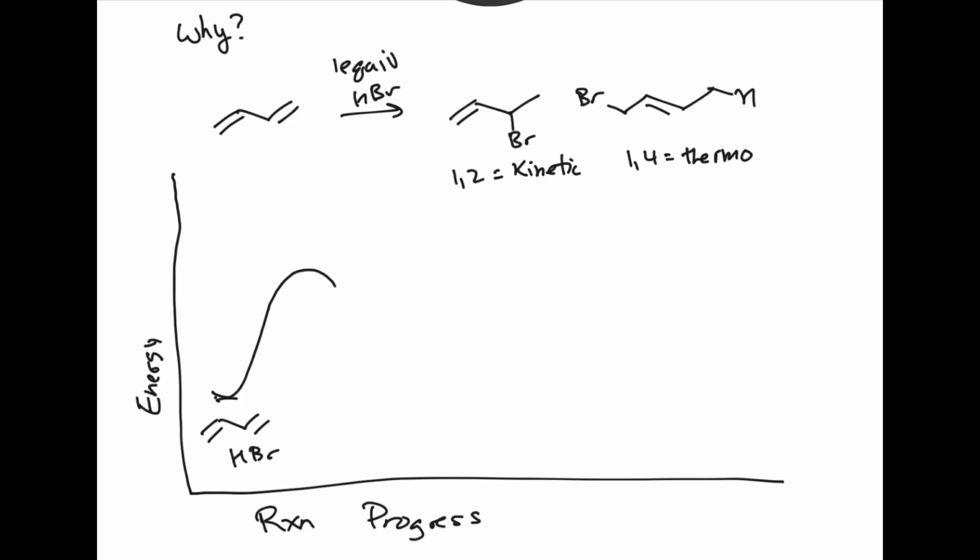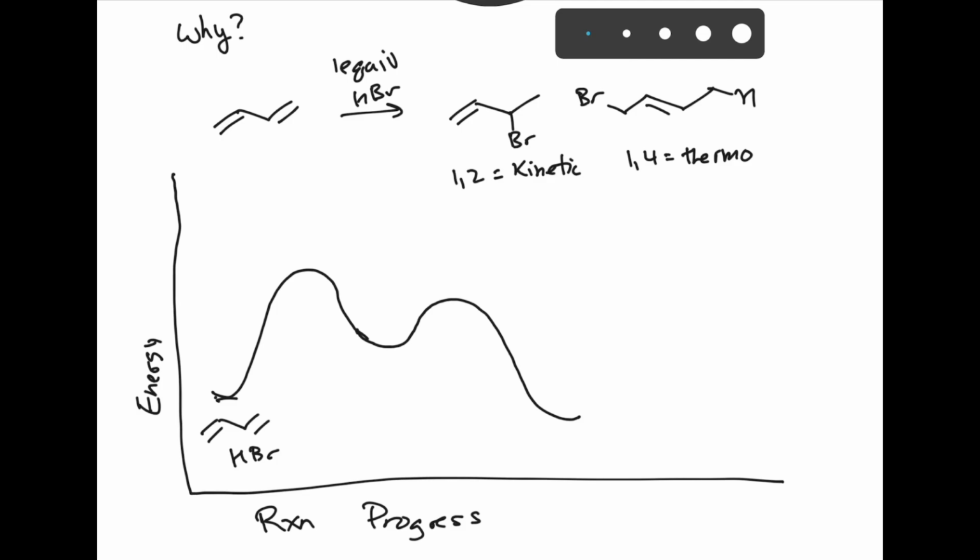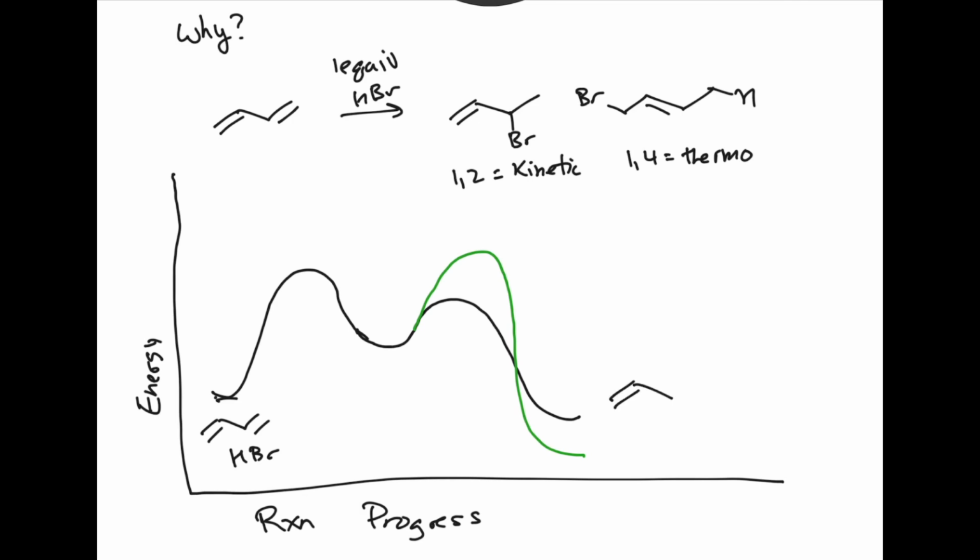They come up, they go to some intermediate, and then that reacts to give two possible products. We're going to have our kinetic product, and we're going to have our thermodynamic product.